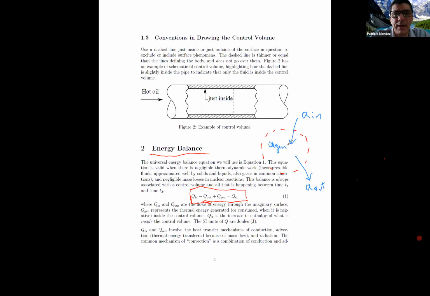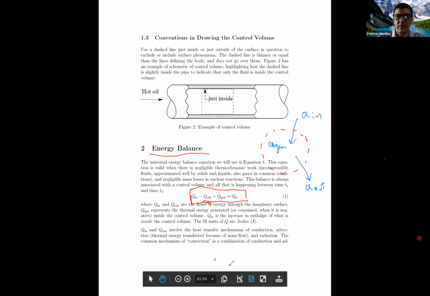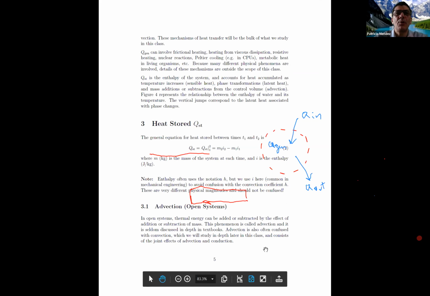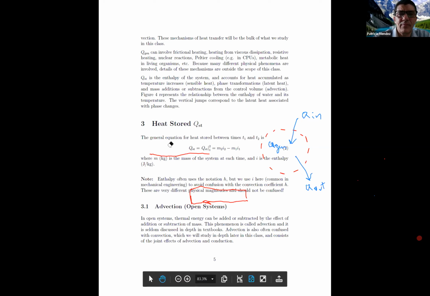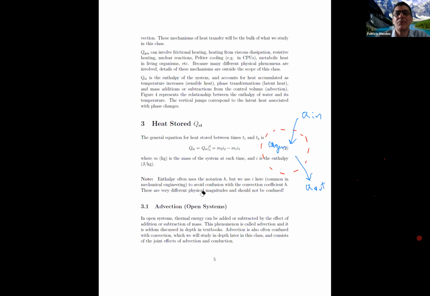For example, we can have a radioactive pellet that would be generating heat inside the control volume.